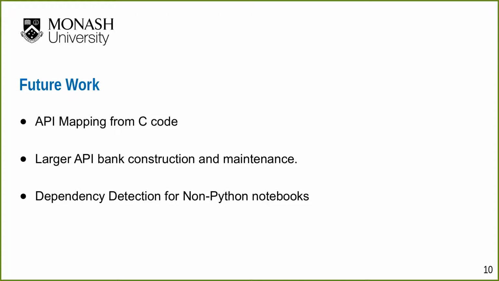The second challenge is that our API bank currently only indexes 488 libraries, which limits its capacity for a wider range of notebooks. So we'll start to include more libraries in the near future. Moreover, we will explore approaches to detect dependencies for notebooks written in other programming languages as well, not simply Python.